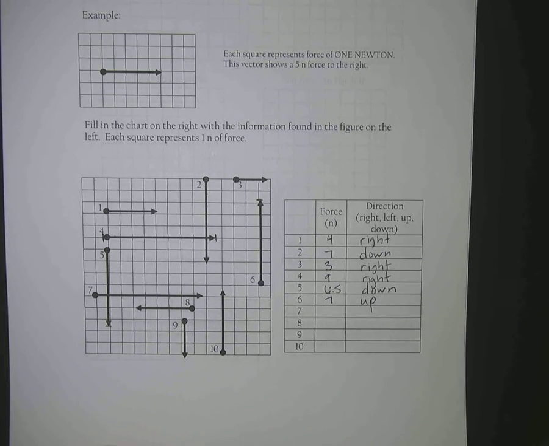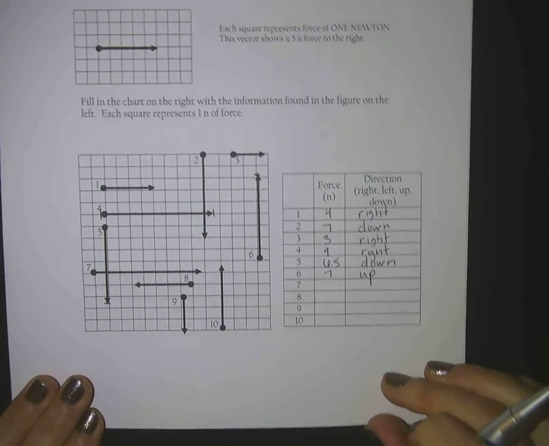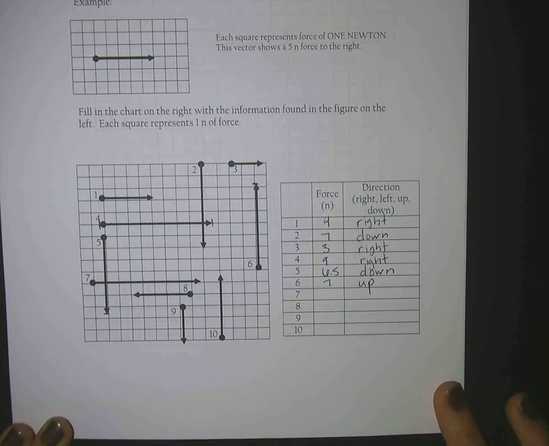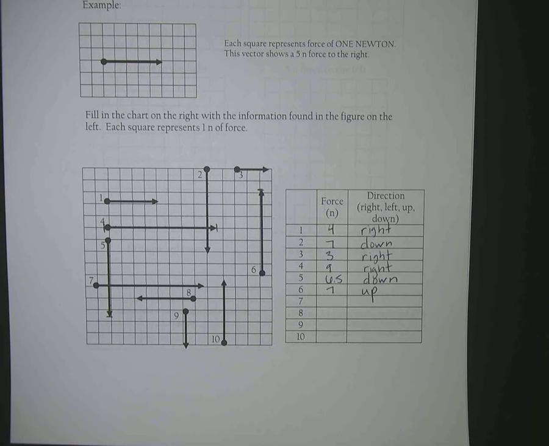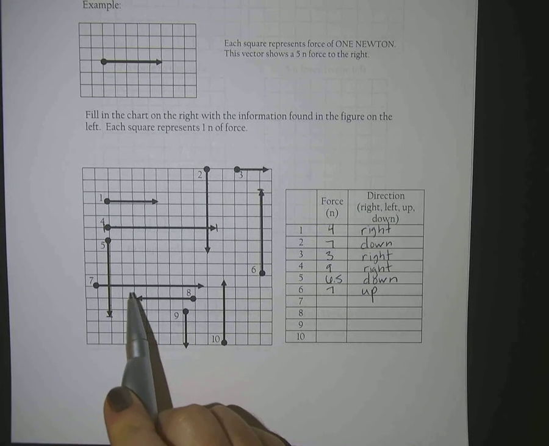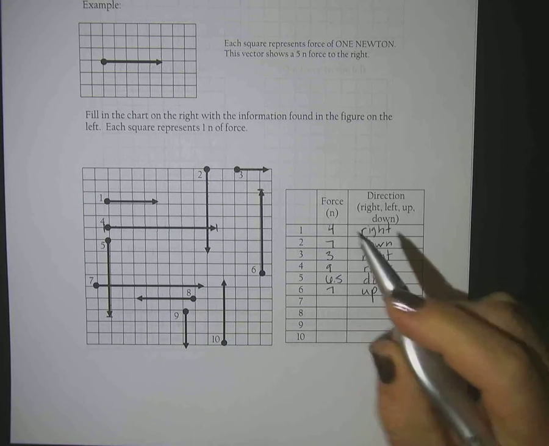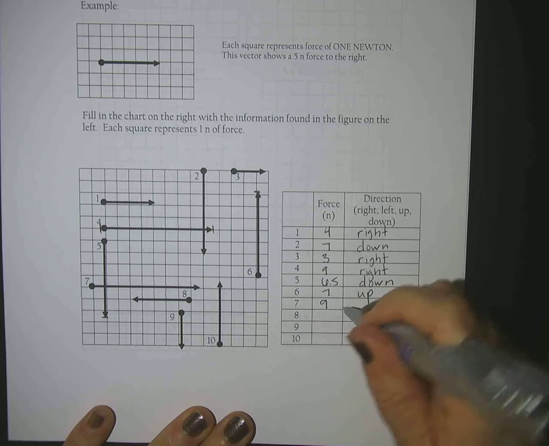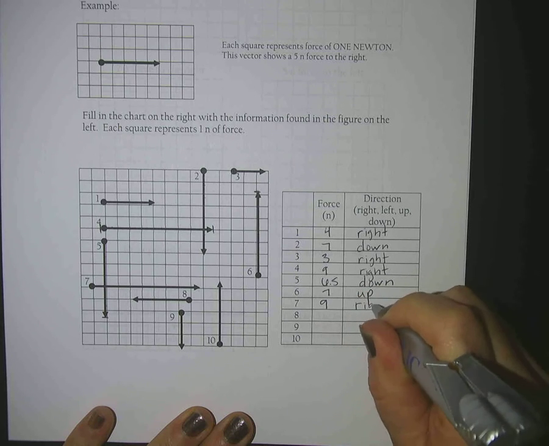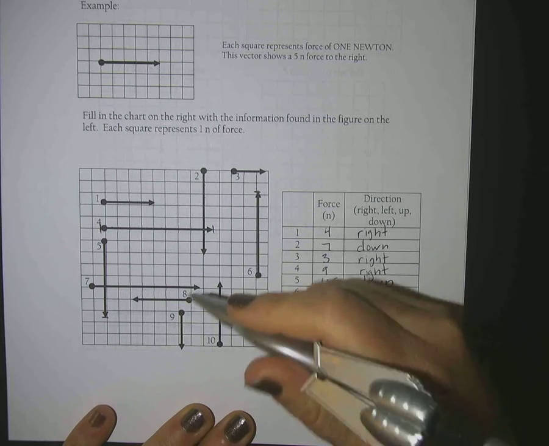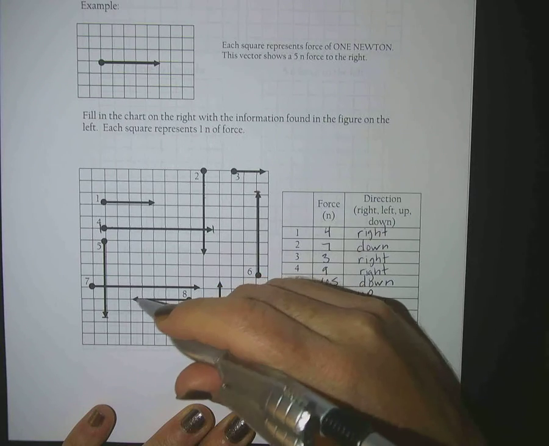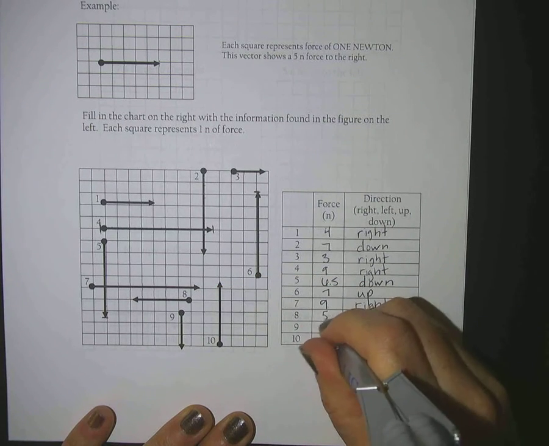Okay, number 7. 1, 2, 3, 4, 5, 6, 7, 8, 9. Which way? Okay, number 8. 1, 2, 3, 4, 5. Left.